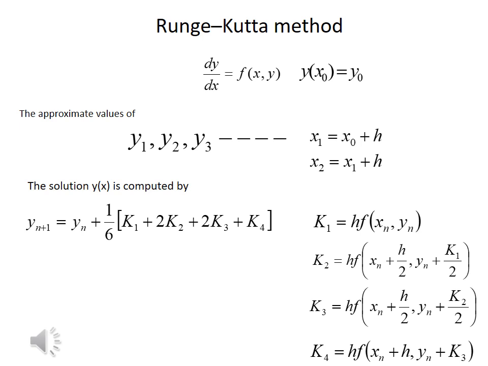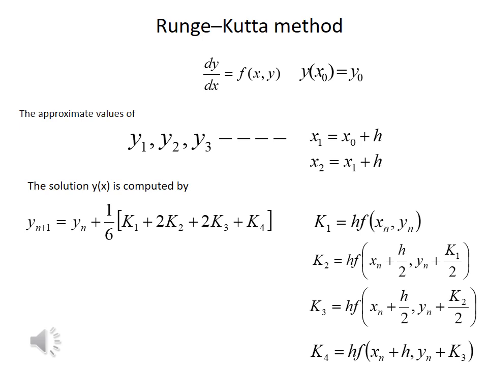Here, from k2 onwards, the second term in the parenthesis uses the previous k term, that is, depending on the previous result. So for k2 it is yn plus k1 by 2, for k3 the second term in the tuple is yn plus k2 by 2. Listen and read that carefully.